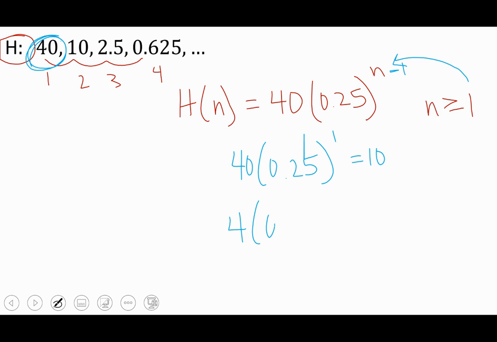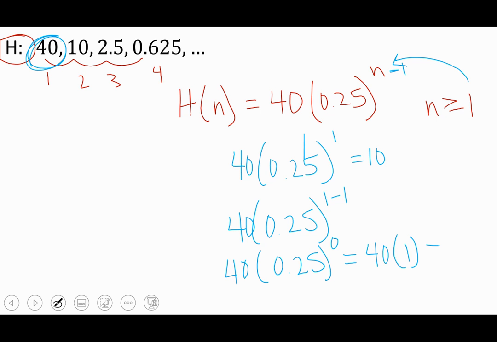So 40 times 0.25 to the 1 minus 1. Well, 1 minus 1 is 0. So 40 times 0.25 to the 0. 0.25 to the 0 is equal to 1. So this is really 40 times 1, which is 40. So now it works.